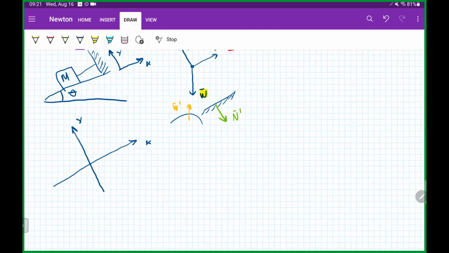So we have tension, we have normal, and we have weight. Weight is always pointing down, remember that. So this angle would be theta. It's the angle of the inclined plane.